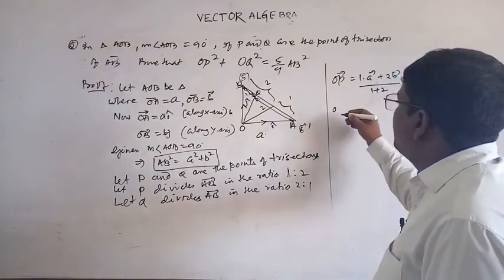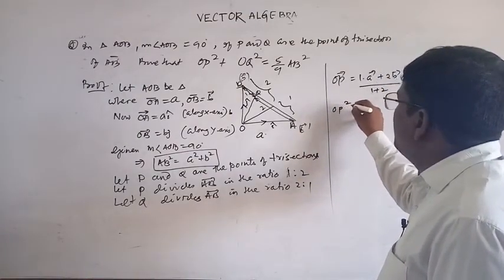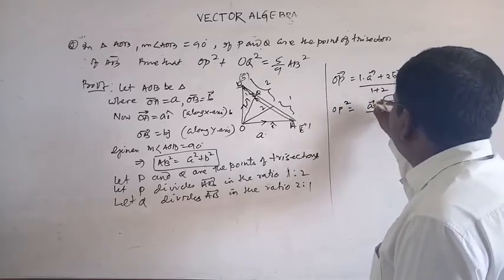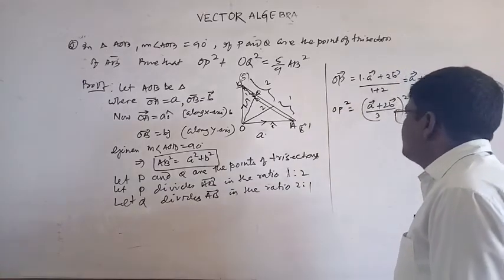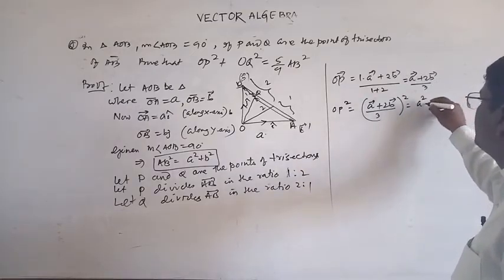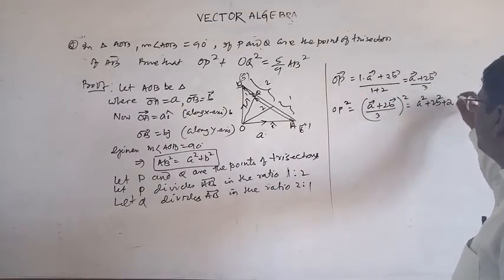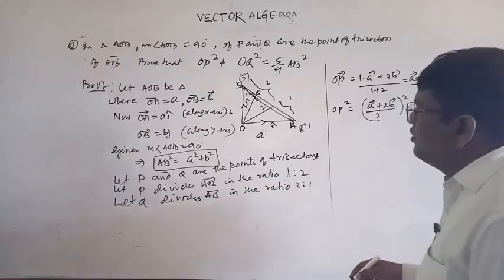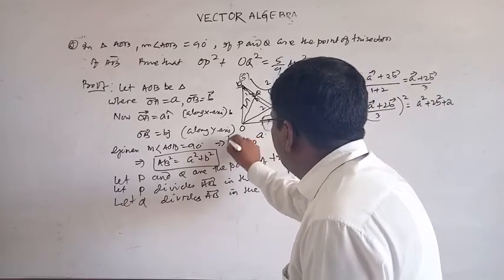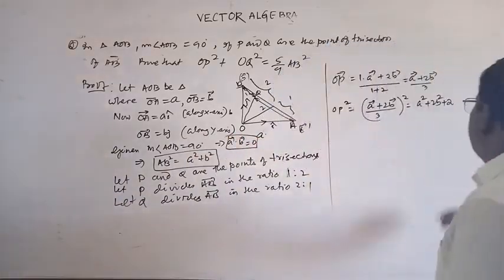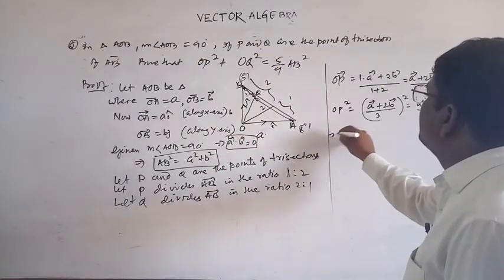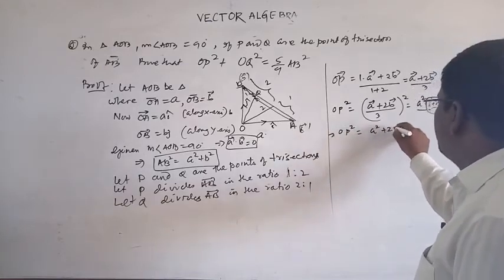OP square is equal to a plus 2b vector by 3 whole square, that is a square plus 4b square plus 4 a dot b by 9. Since the angle is 90 degrees, a dot b is equal to 0. So OP square is equal to a square plus 4b square by 9.